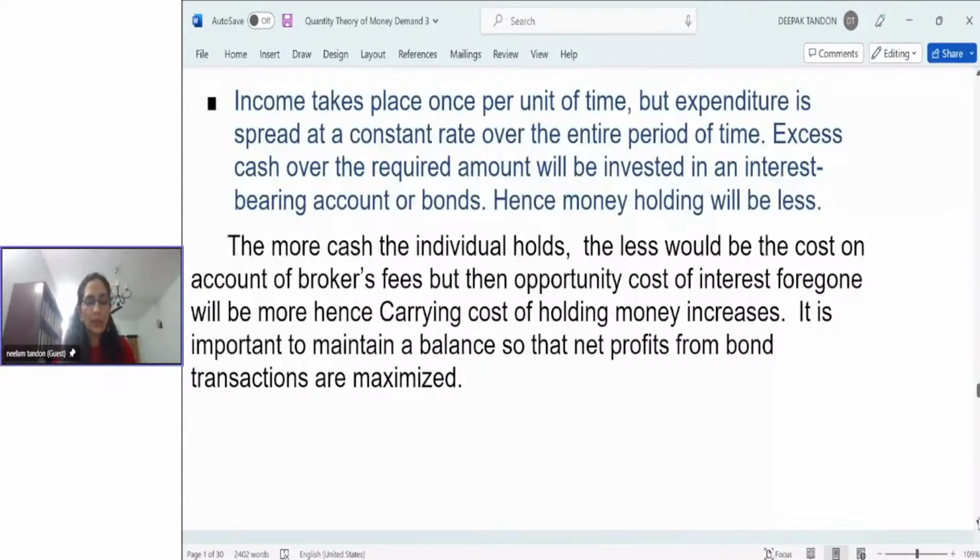You have to think about how I should balance my cash and bond portfolio so that my carrying cost of holding money should not increase, and at the same time the brokerage fee should not increase, and my returns or the net profit from my bonds should increase. This is Baumol's theory of bond and cash.